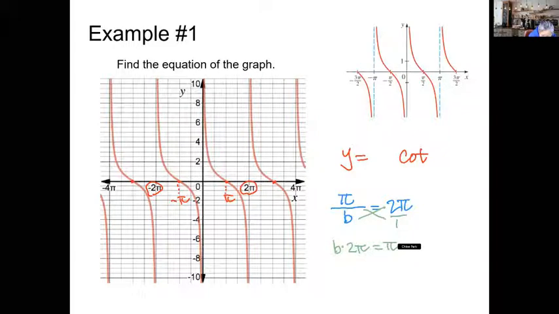And then we can solve it for b. So b is pi over 2 pi. And then cancel pi and pi. And then it's going to give us 1 over 2. So then I can take 1 over 2 as the b value. This is a b value, right? Then it's going to be 1/2 in front of what? The x. And to be clear, we can put the parentheses over there.